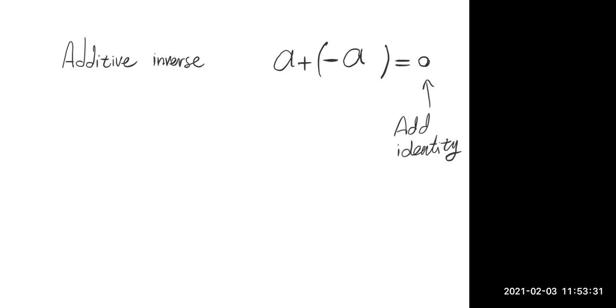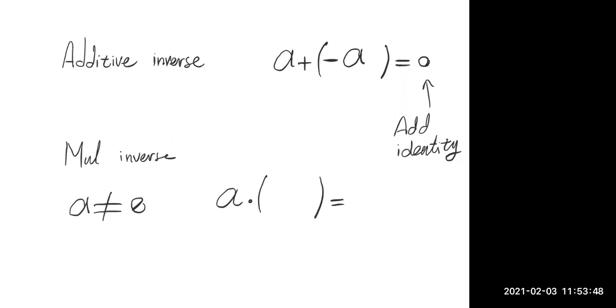And the same holds for multiplicative inverse. For any non-zero number, there exists another number which if we multiply them, we would get multiplicative identity, which is 1. That other number is 1 over a.